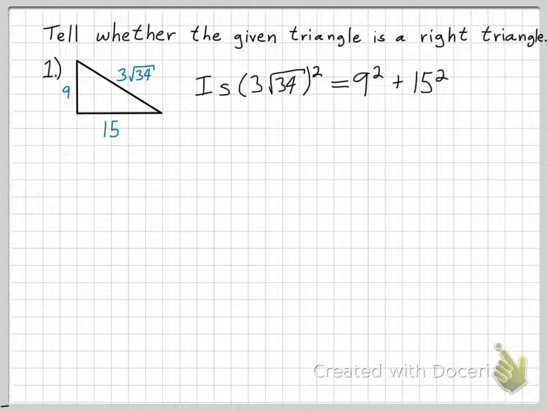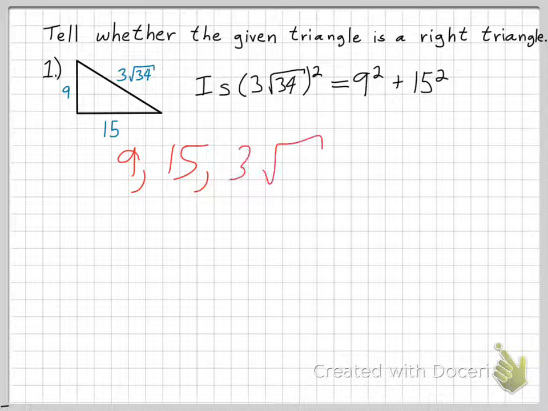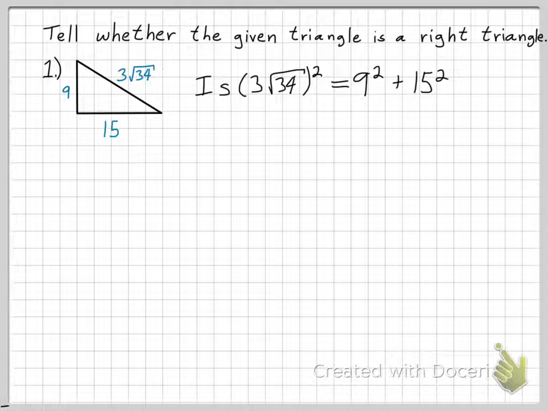Okay? And also I want to mention sometimes you're going to get problems like this, but you're not going to have the picture. You're just going to have 3 lengths listed like that. And so what you might have to do in that case, or even in this case, if you don't know that 3 root 34 is the longest value, is whip out your calculators and take the square root of 34 and then multiply that value by 3 and get a decimal value.